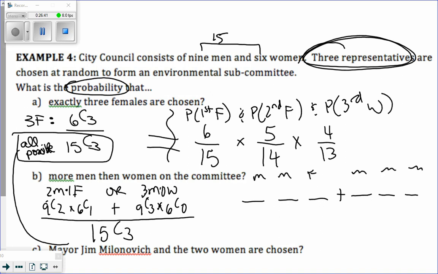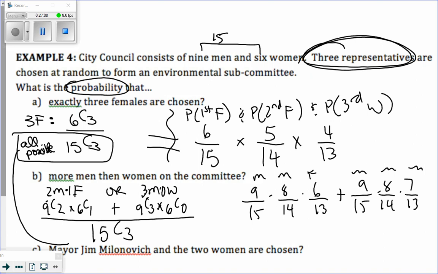So it would be 9 out of 15, 8 out of 14, 6 out of 13, plus 9, 8, 7 over 15, 14, 13. Whatever you want. Now, you might say that's way more button pushing, but have you forgotten how annoying it is to plug in nCrs? You're really not going to save yourself any time.